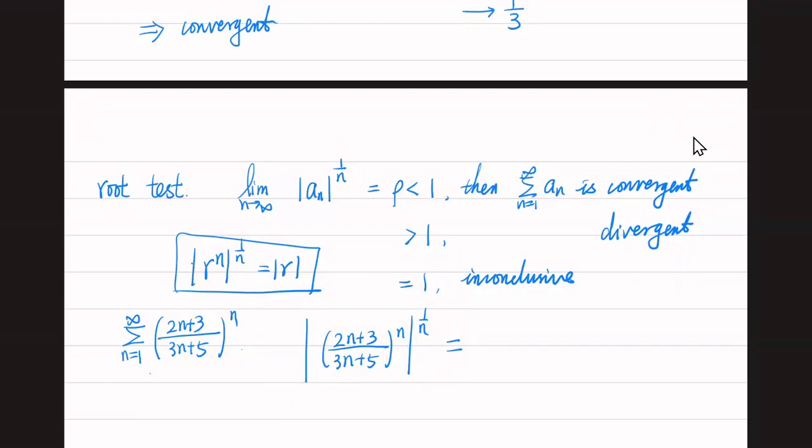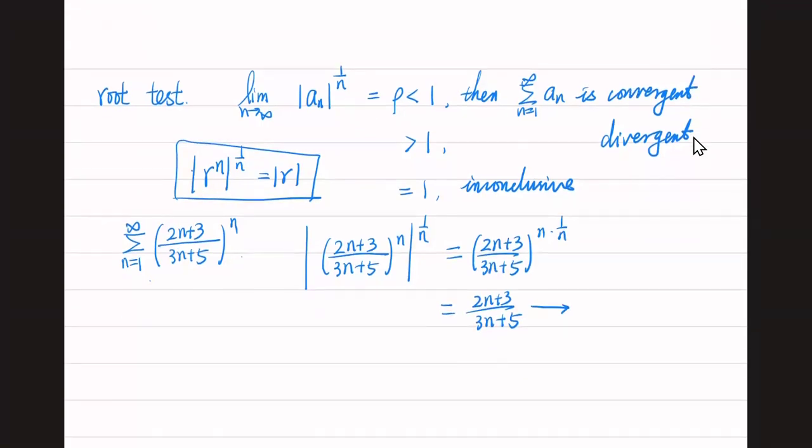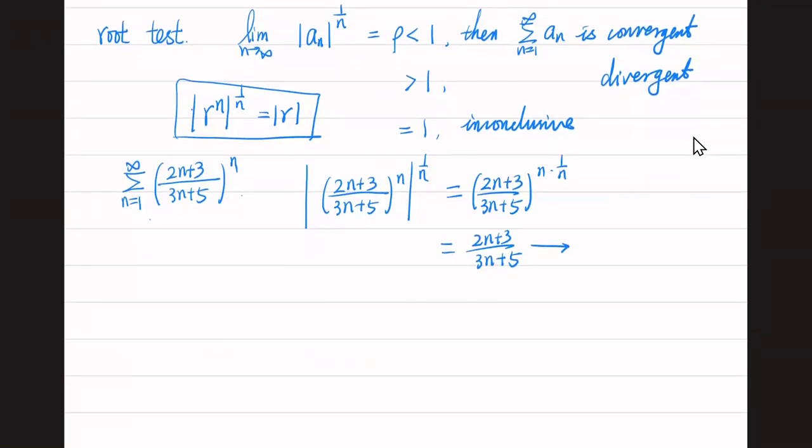Because this is a positive number, we can drop the absolute value. What we get is (2n plus 3) over (3n plus 5), to the n, times 1 over n. Okay, now what's the limit when n goes to infinity? n goes bigger and bigger.